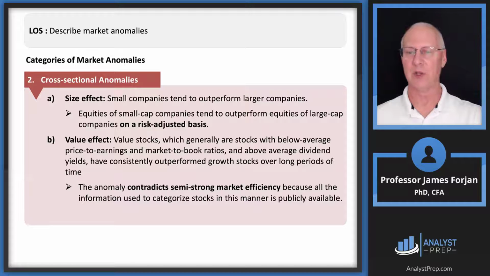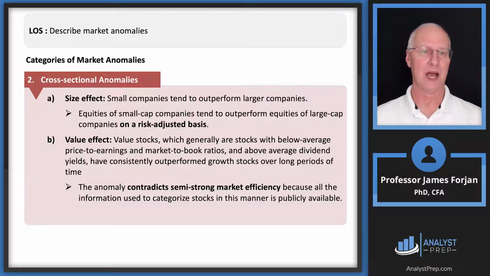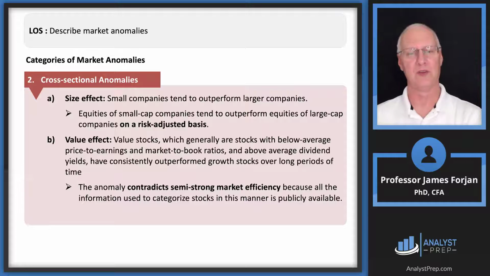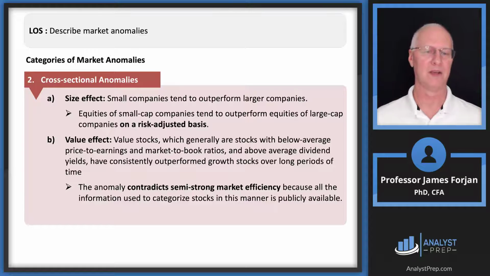So this value effect has been studied over and over again, not least of which has been done by Eugene Fama himself, who, with one of his co-authors, a dude named French, came up with a really cool model that we'll talk about some other day.